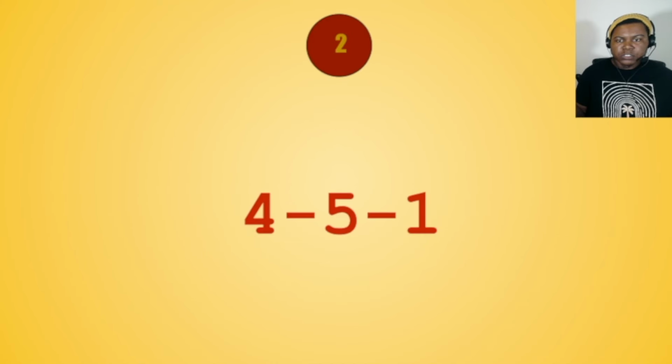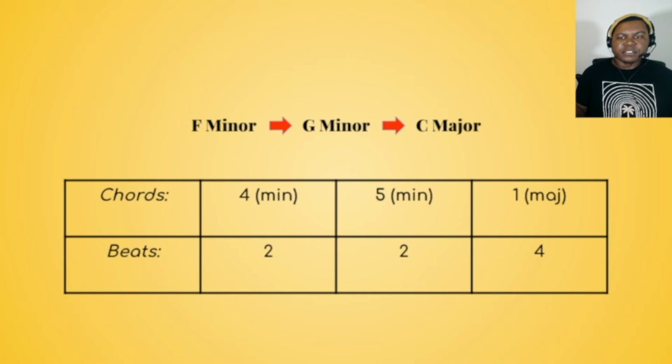All right. So number 2 is a 4-5-1 progression. So kind of similar to the last one where we have a minor 4 and then we play a minor 5 and then we go to our 1.